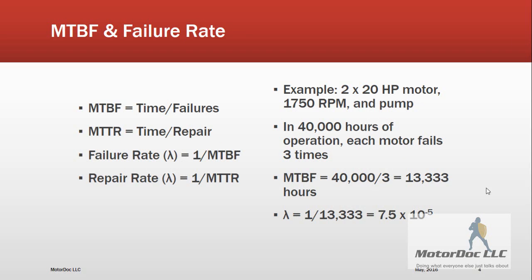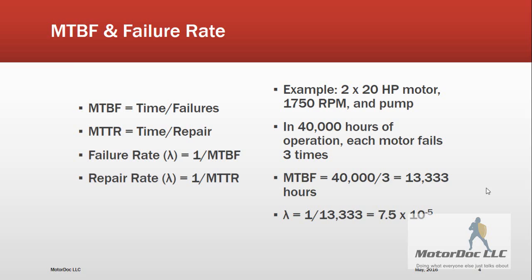To understand the reliability function, we must understand a few concepts. These include the mean time between failure, or MTBF, which is the time frame divided by the number of failures, the mean time to repair, or MTTR, the failure rate, and repair rate, which are the number of repairs or failures per unit of time.